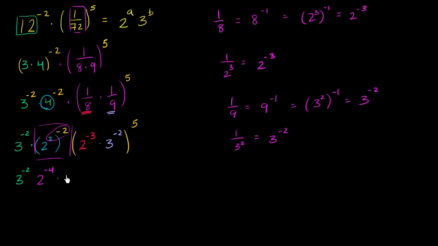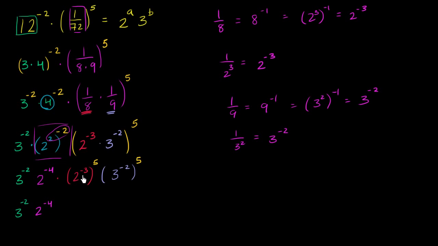So it's going to be times 2 to the negative 3 raised to the 5th power times, we're in the home stretch, times 3 to the negative 2 raised to the 5th power. So once again, this is going to be 3 to the negative 2 times 2 to the negative 4. I think you see the end now.